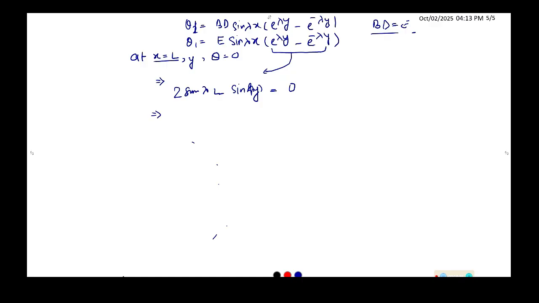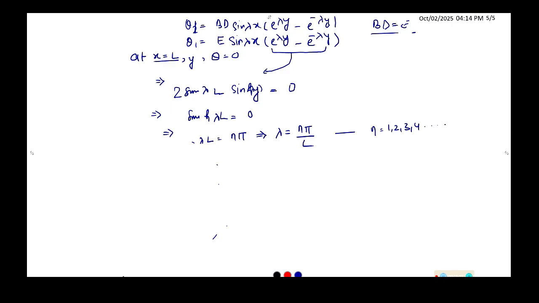Now we cannot make sine hyperbolic lambda y 0, therefore sine lambda L is 0. This implies lambda into L equals n pi. This implies lambda we have determined as n pi upon L, for all values of n as 1, 2, 3, 4.